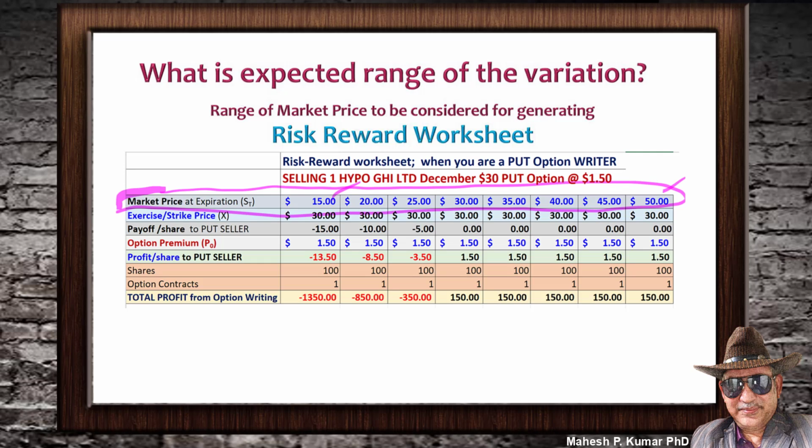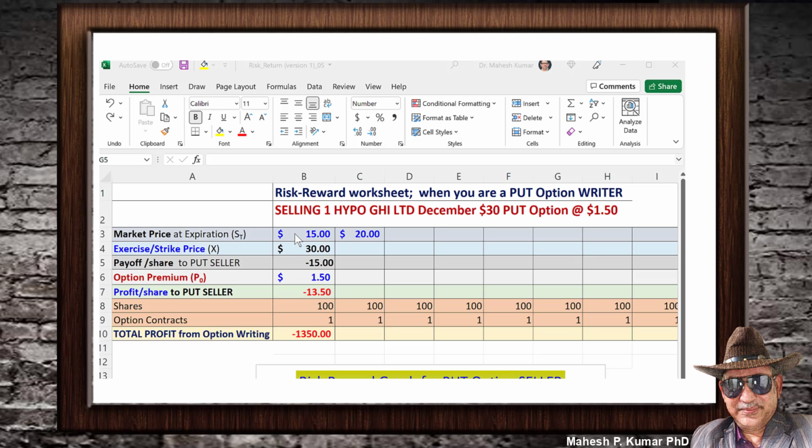Let us go to the Excel sheet and incorporate this range of variation for market price in row 1 of the Excel sheet. In this risk reward worksheet, in the first row, we have taken $15 as the first dollar value, $20 as the second dollar value.